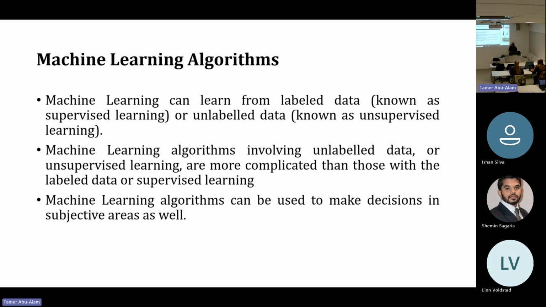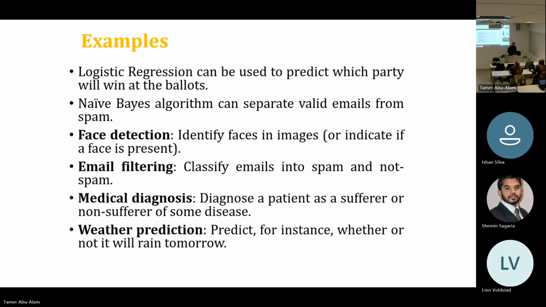Finally, machine learning algorithms can be used to make decisions in some areas. We will explain this in more detail in some minutes. These are just some examples of the machine learning that we use each day.